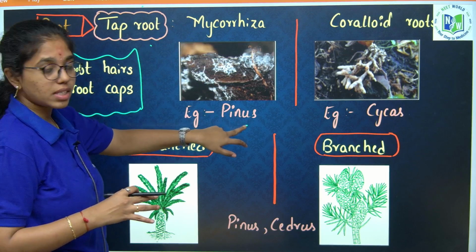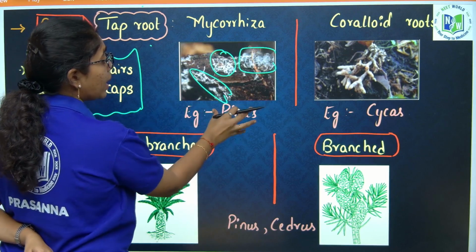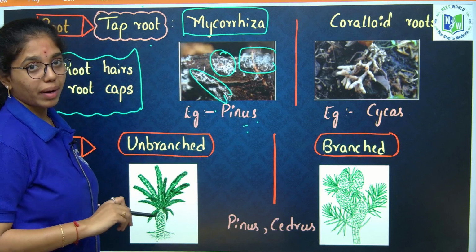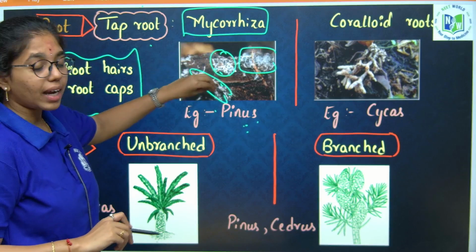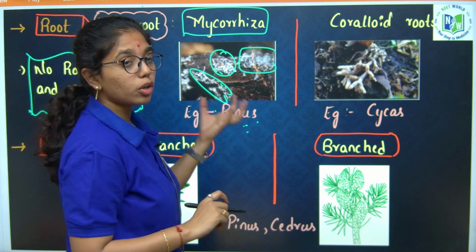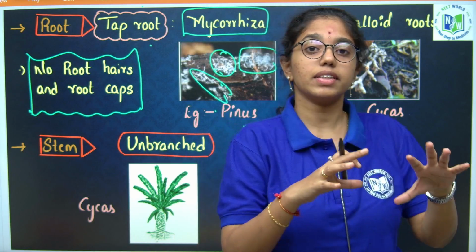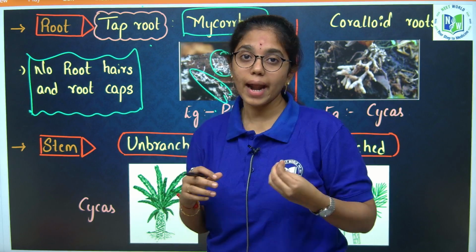That is why in Pinus the root system is called mycorrhiza, because they are associated with fungus. Fungal association increases the surface area of the roots, thereby they can absorb more water and minerals.